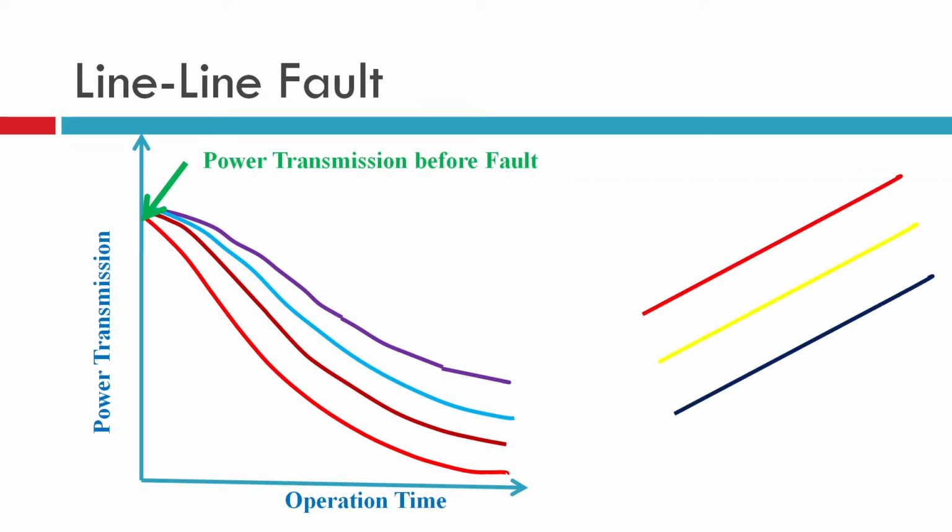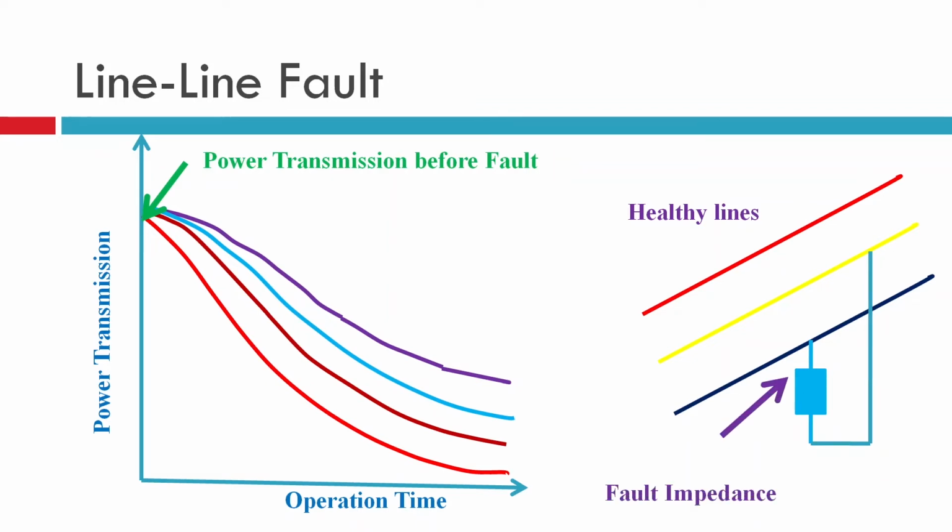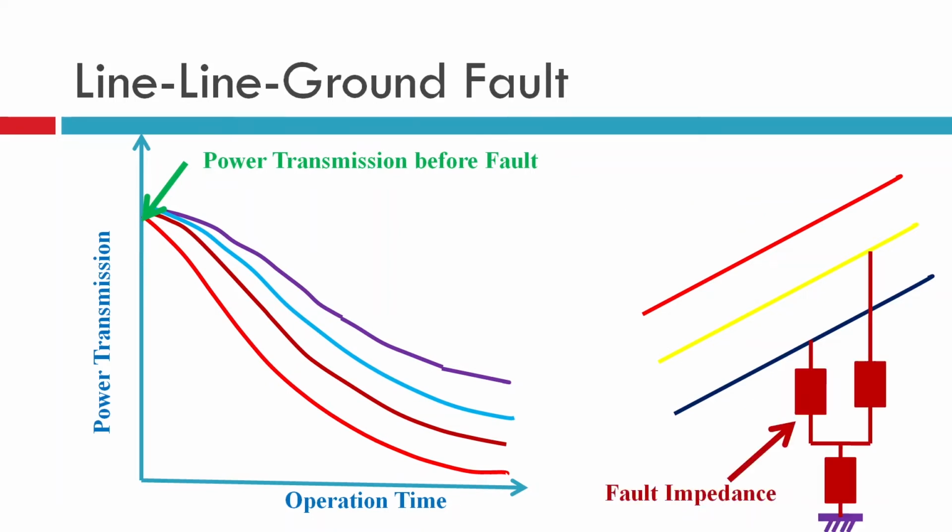So, this diagram clearly shows the line to line fault through an impedance. If this impedance is 0, the line to line fault is known as solidly short circuited two phases.